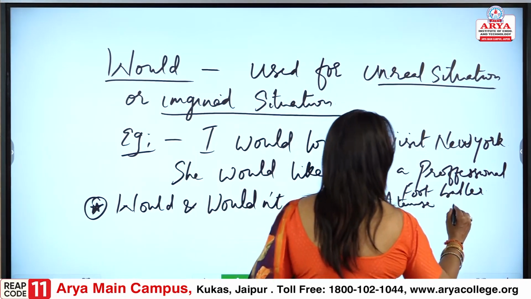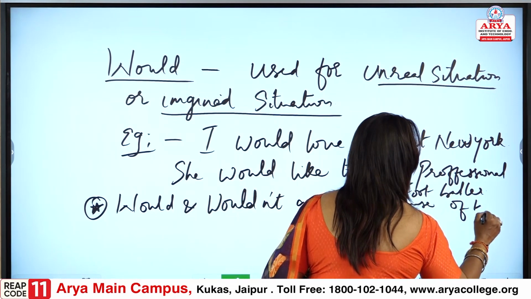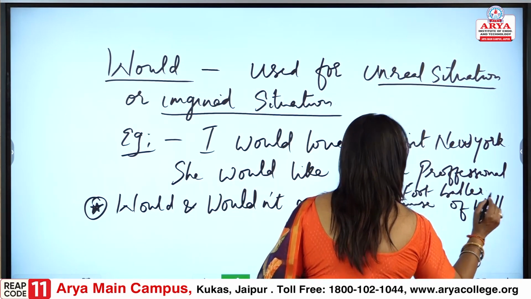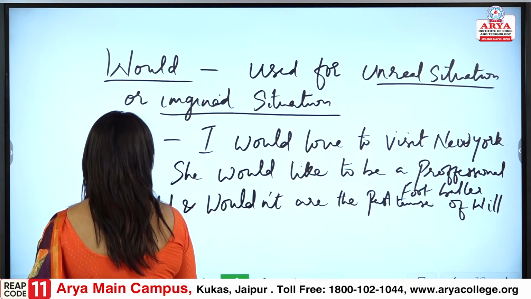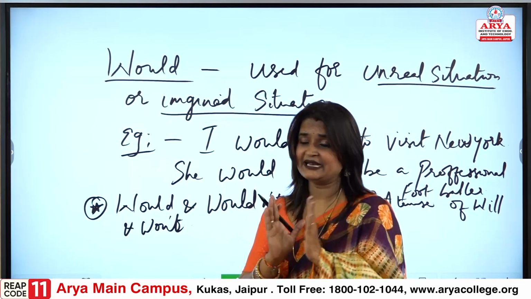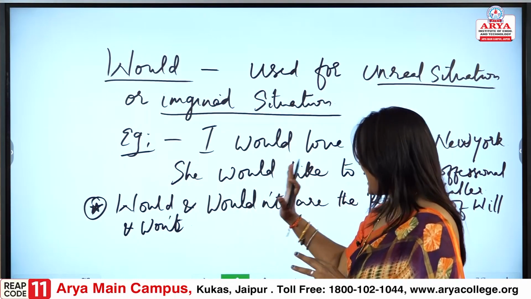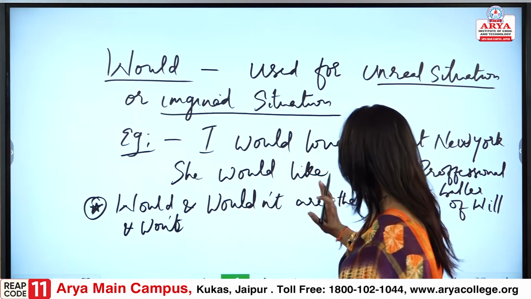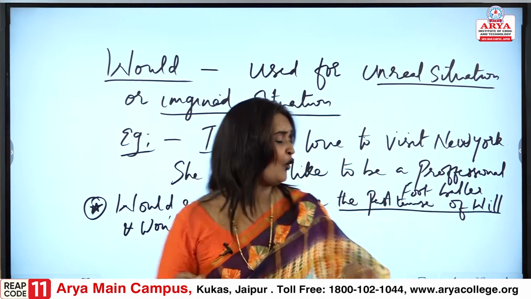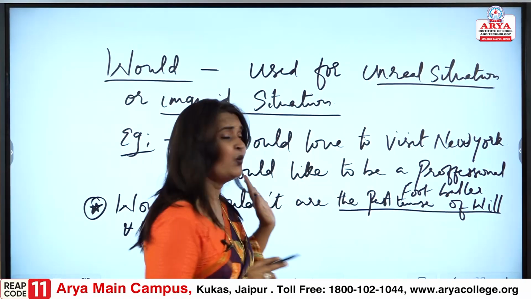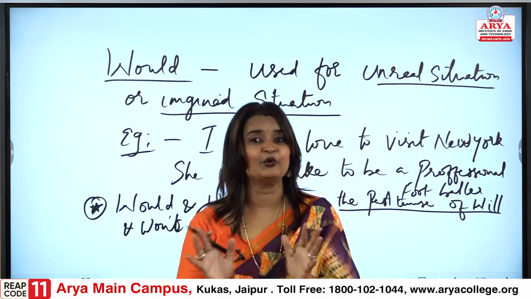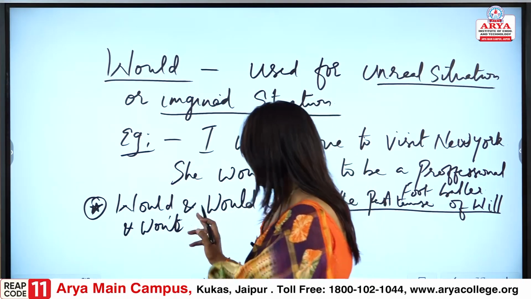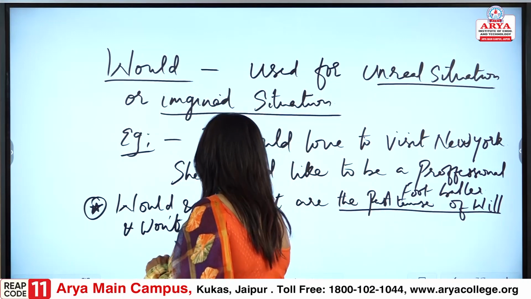Again we need to remember, would and wouldn't are the past tense of will and won't. They are the past tense of will and won't, fine. Let us understand with an example.